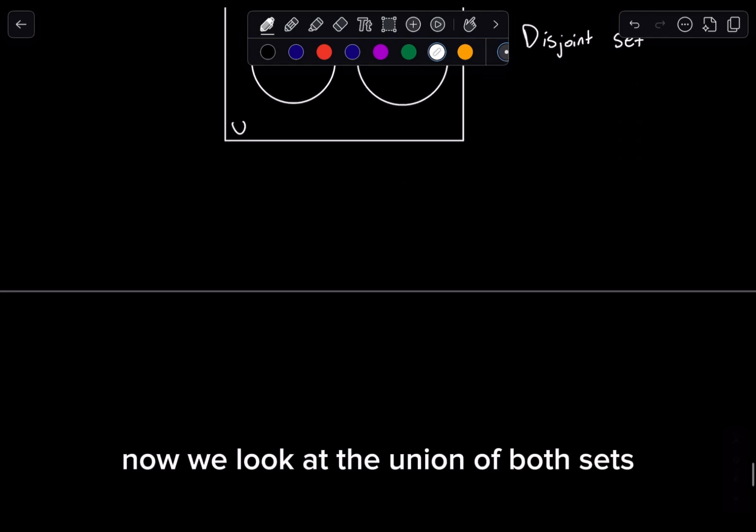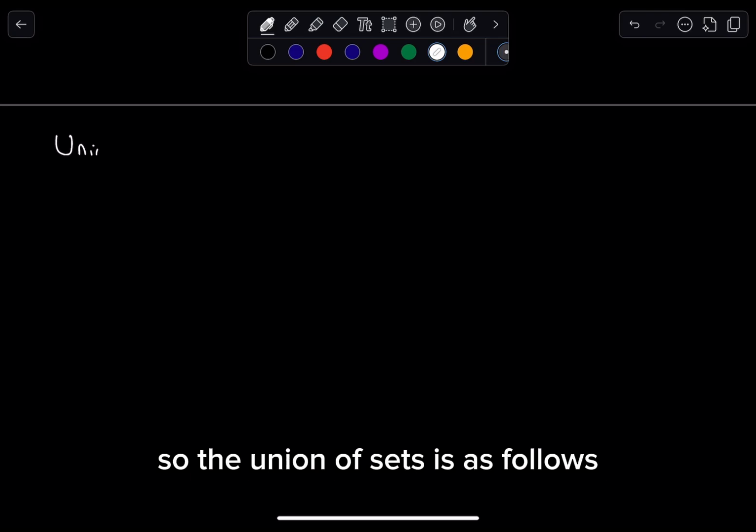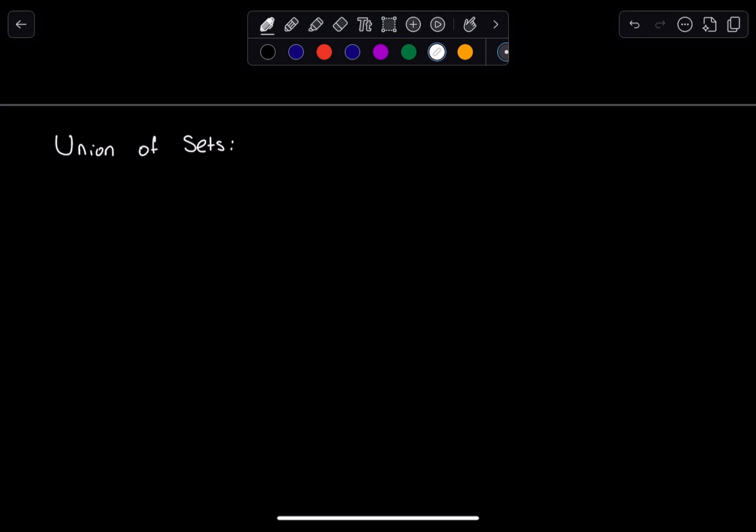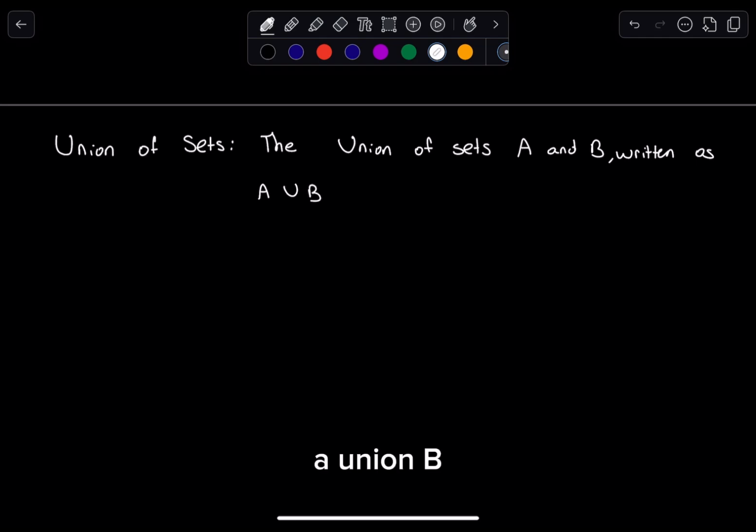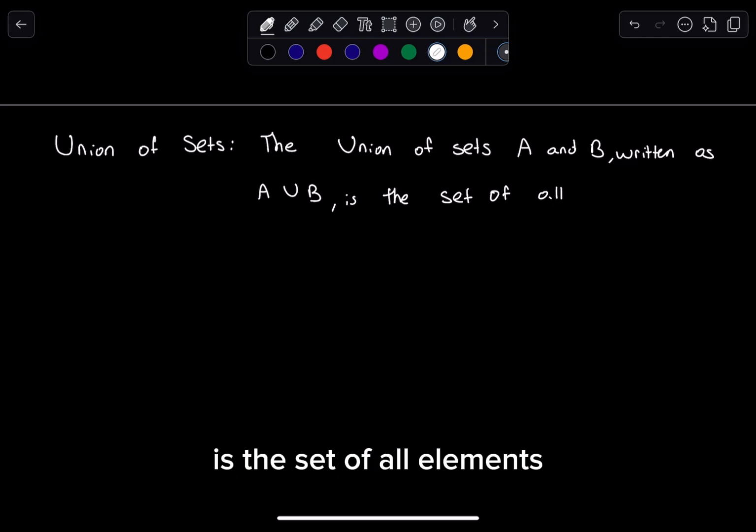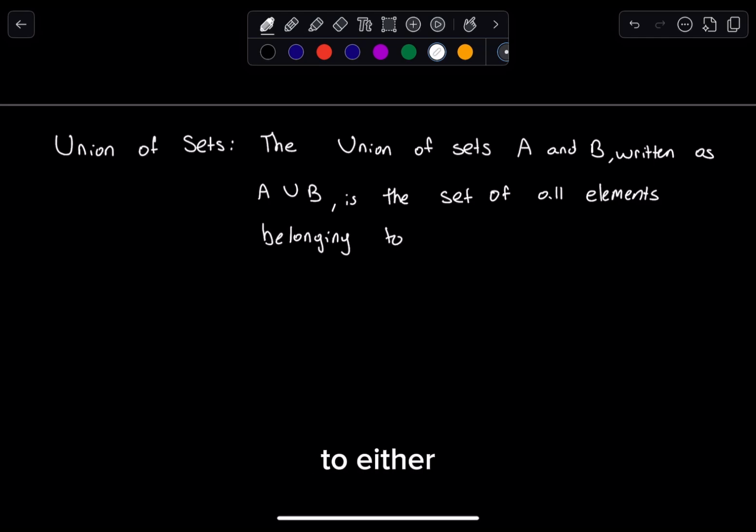Now we look at the union of both sets. So the union of sets A and B, written as A union B, is the set of all elements belonging to either A or B. So this is important.